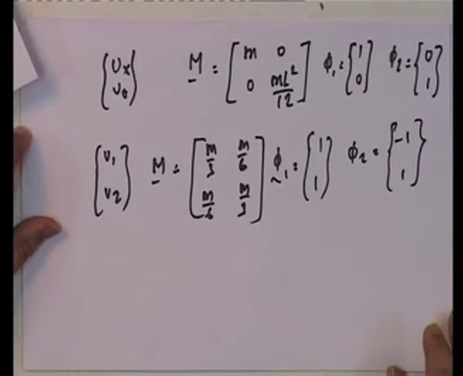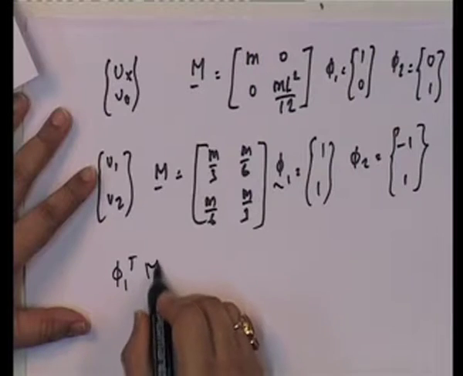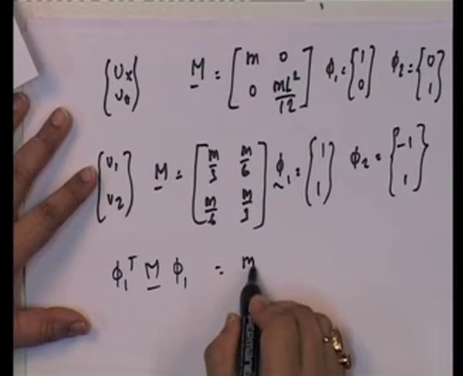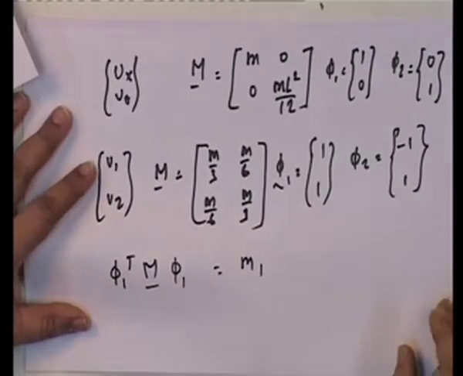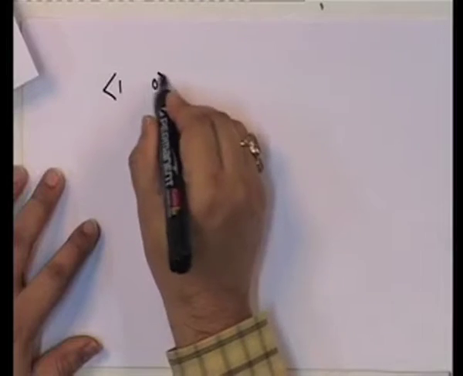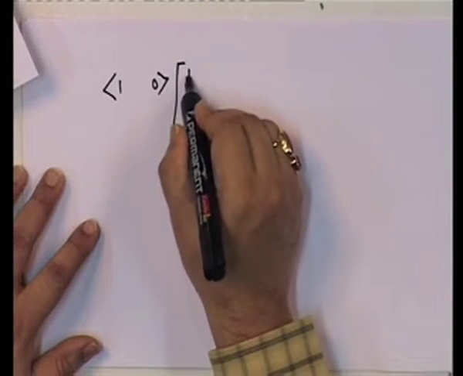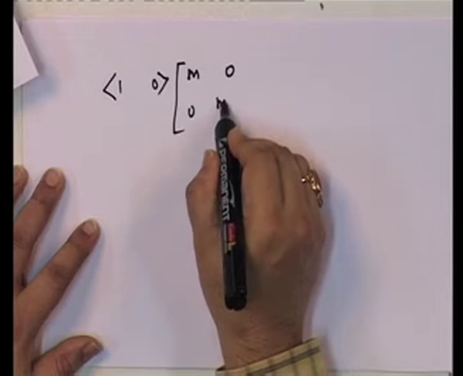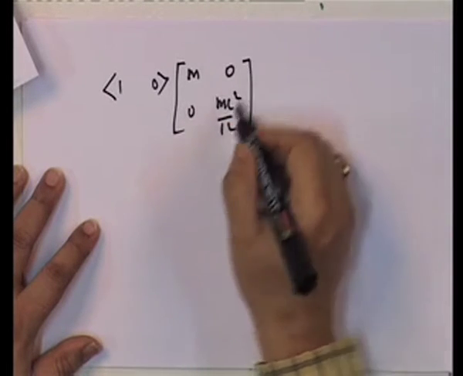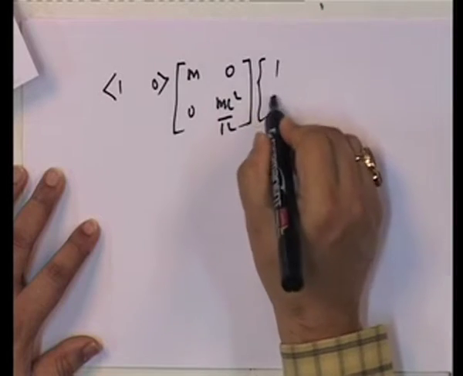Let us see whether I can generate orthonormal mode shapes. What do I do? I actually do phi 1 transpose m phi 1 and find out m 1. Let me do it for the first one. I get 1, 0 times m, 0, 0, m L squared by 12, times 1, 0.